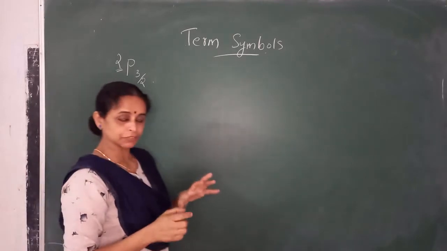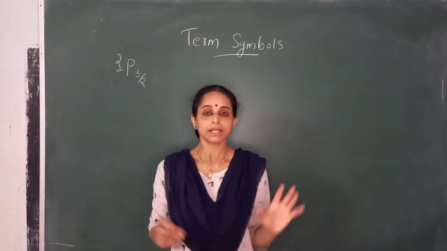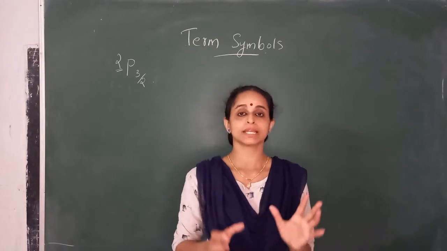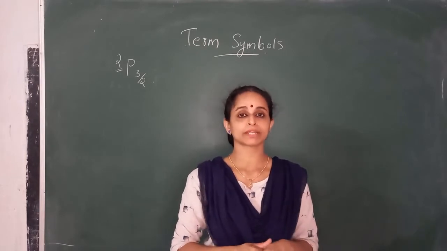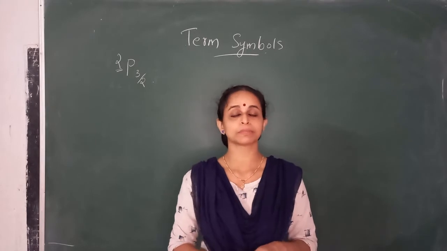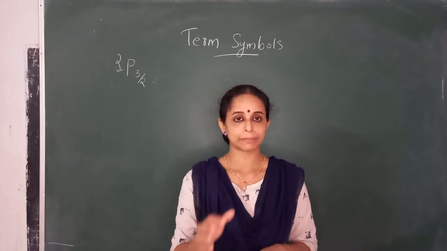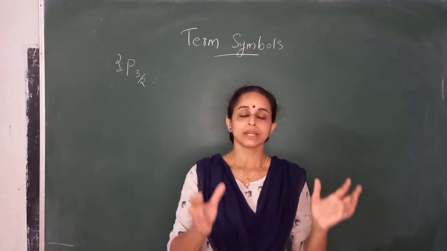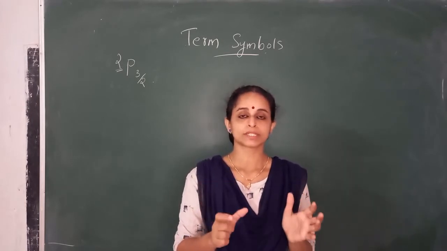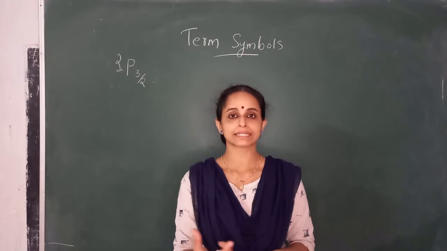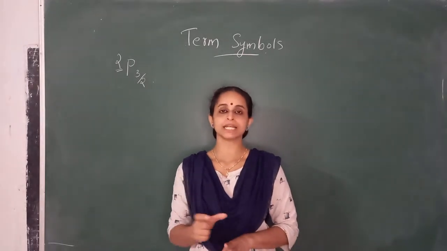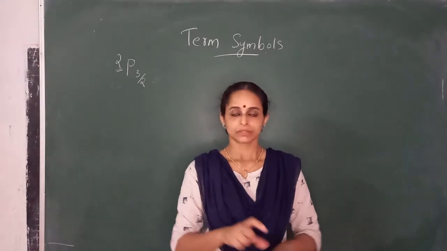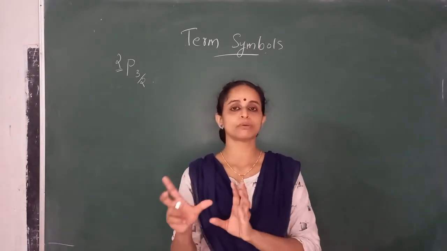gives the possible ways in which the total orbital angular momentum vector L and the total spin angular momentum S are combined. That means this is the number of different possible values for J. L and S combine together to form the J vector.